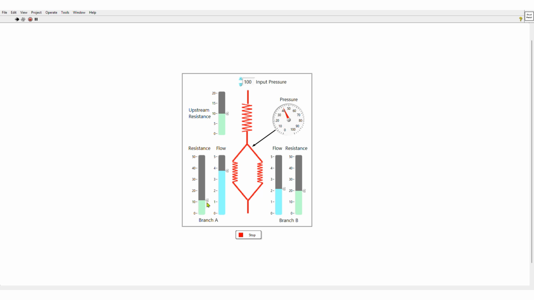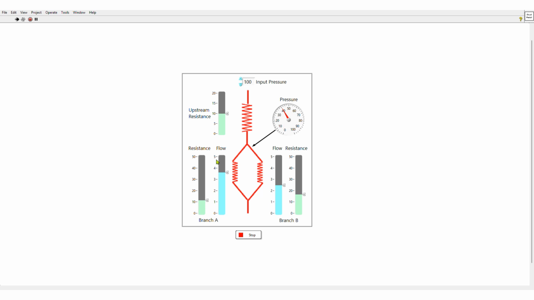So what could be done about that? Well, if branch B is healthy and it wants to maintain its flow, we can reduce the resistance there and cope with that. You'll notice that also has an interaction because you're changing the general flow through the upstream resistance, so the perfusion pressure is changing.